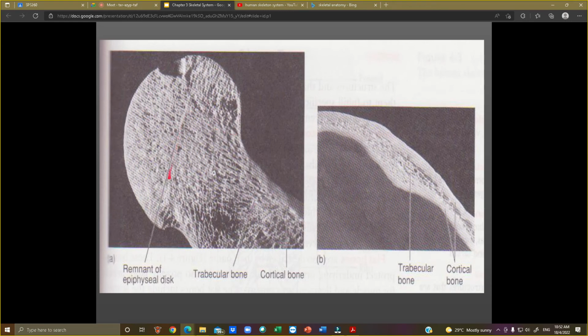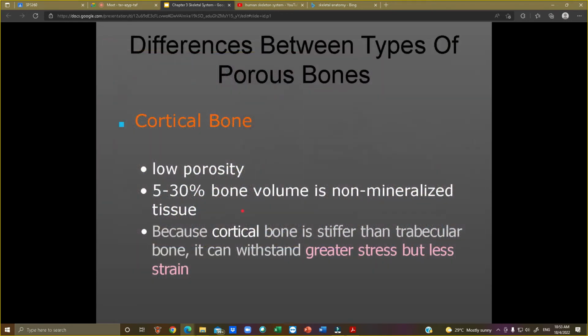Ni epiphyseal plate dia. Okay, this is epiphyseal plate. So pembesaran occurs here di bawah, which resulting tulang tu naik ke atas. That is how later on kita akan tengok, with the help of osteoblast and osteoclast.